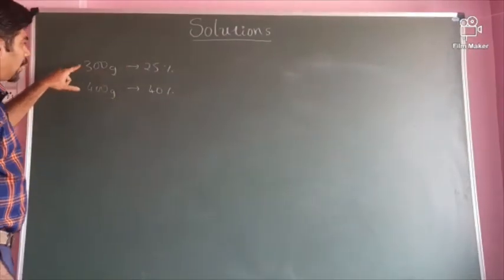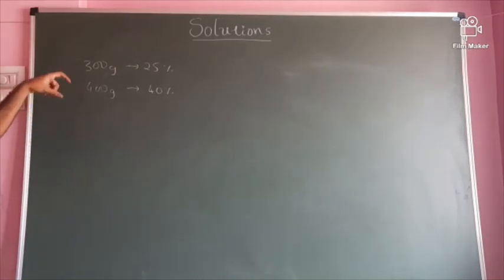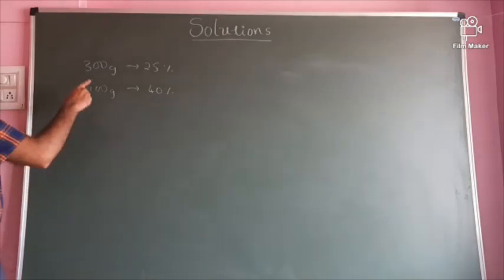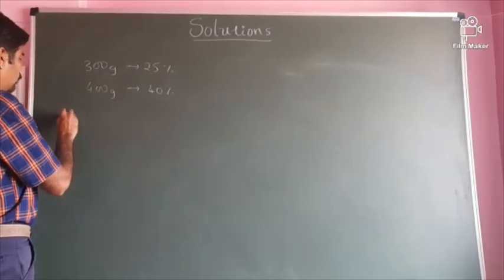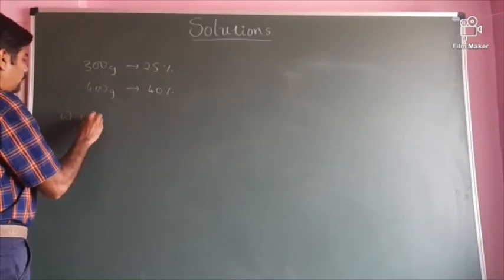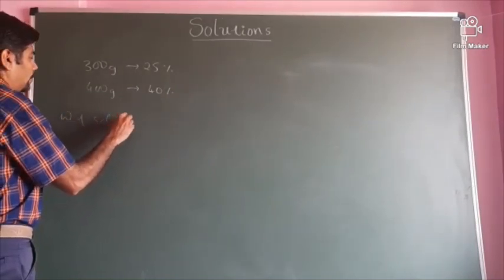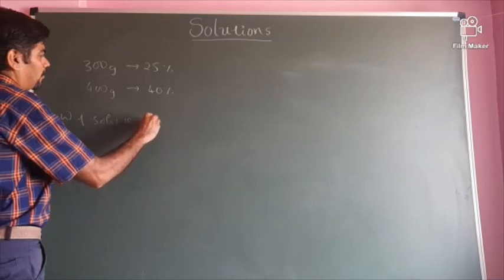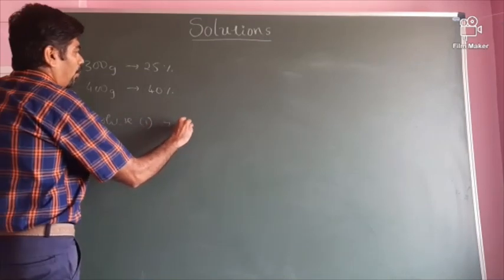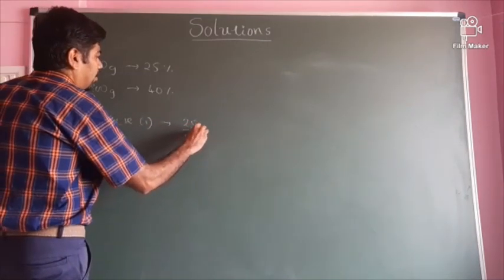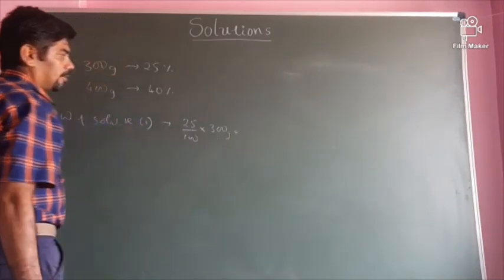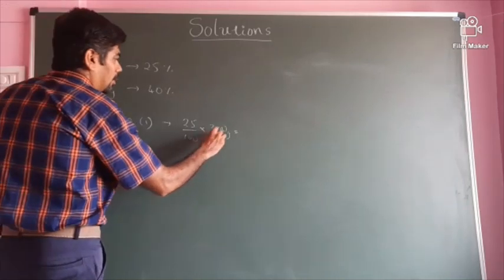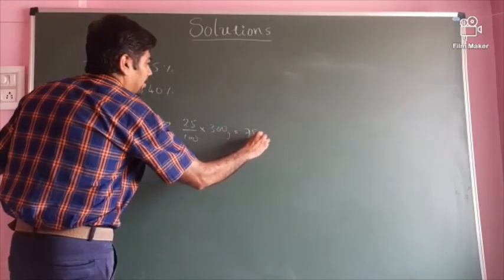Now we should remember that these two components are of different masses. Both are not equal. So what we do is, let's simply calculate the amount of solute. Weight of solute in the first case will be 25% of 300 grams, so that will give you 75 grams.